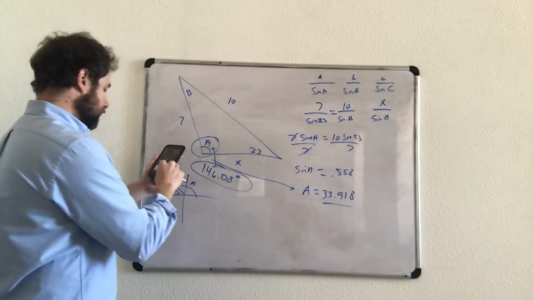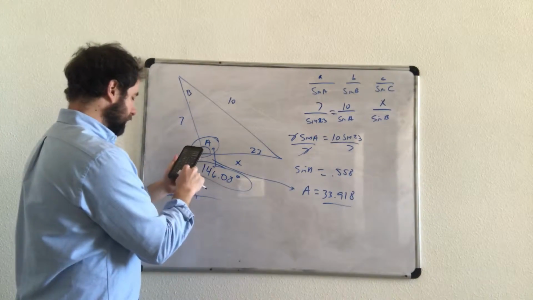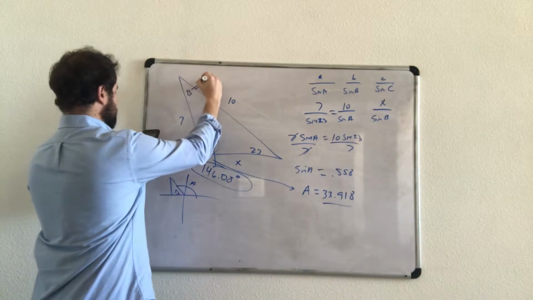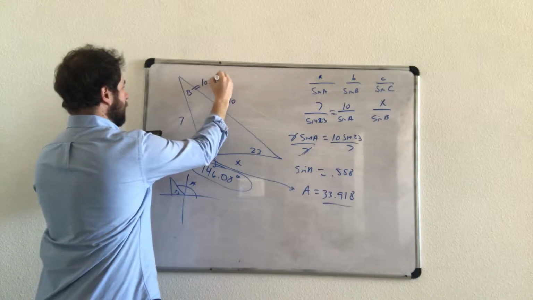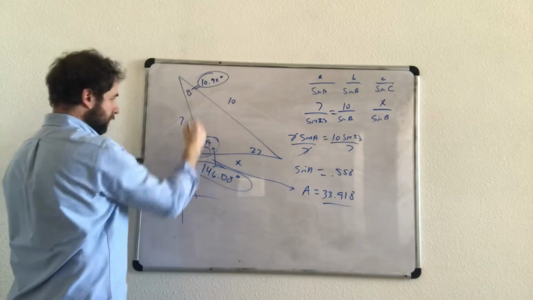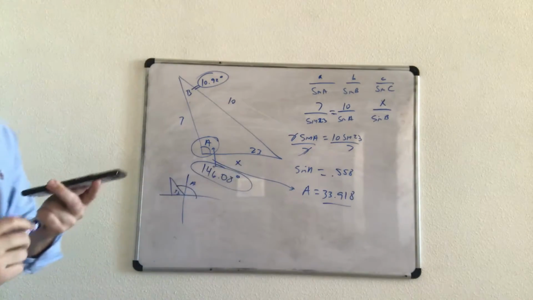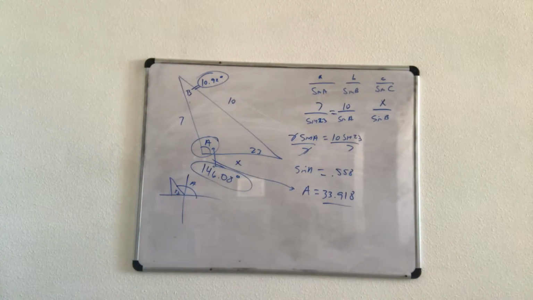Now we can add 23 degrees to that and then subtract from 180, and we get that B is 10.92 degrees. So we've got the A and the B, and then our last step is we will use the law of sines to find our x down there.